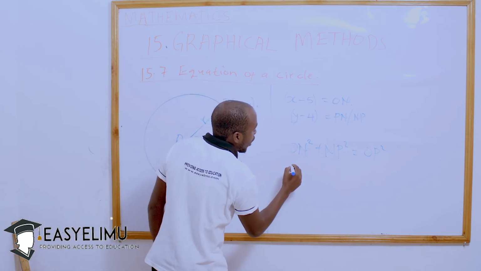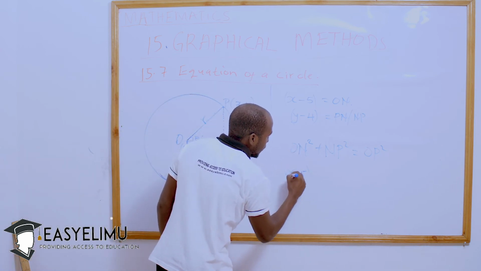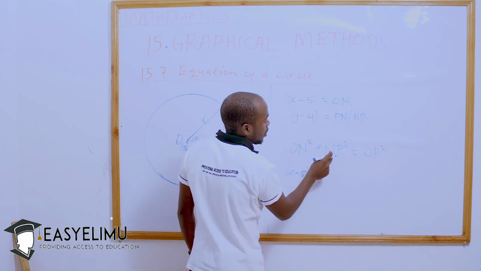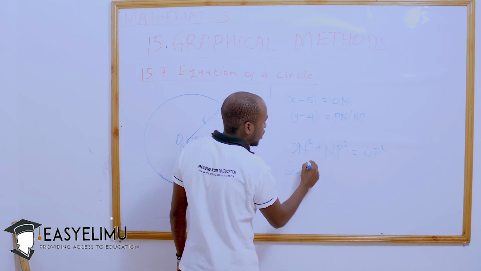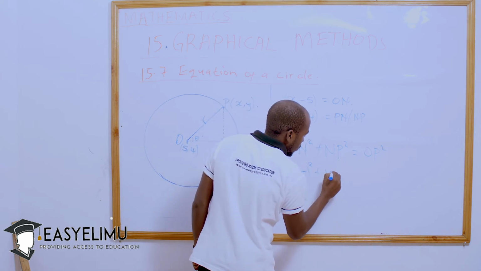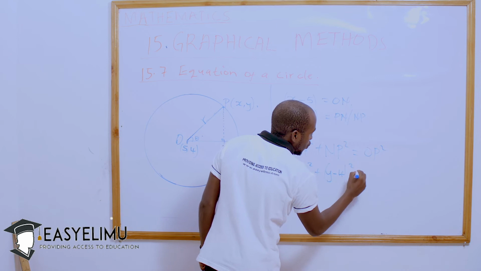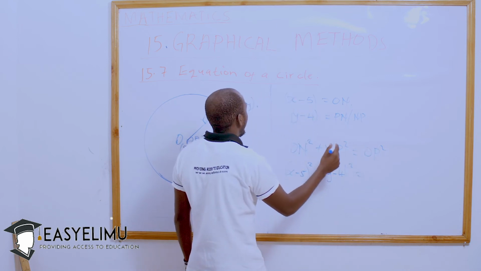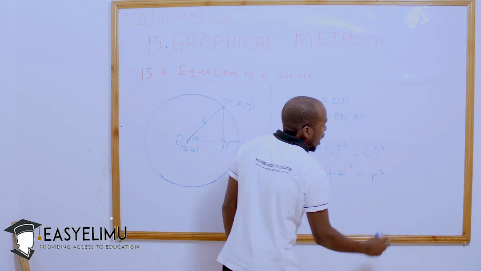Doing that, ON is x minus 5, squared, and NP is y minus 4, squared again, and OP we have as r, so it will be r squared.